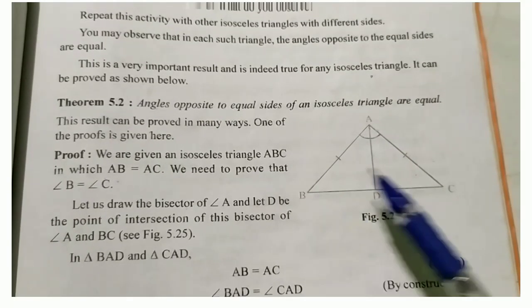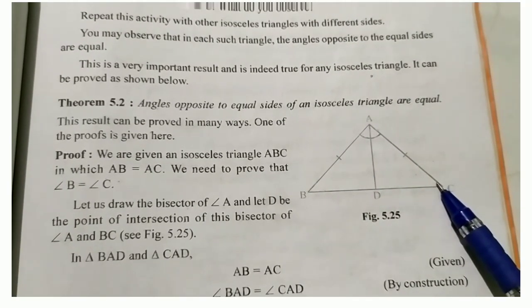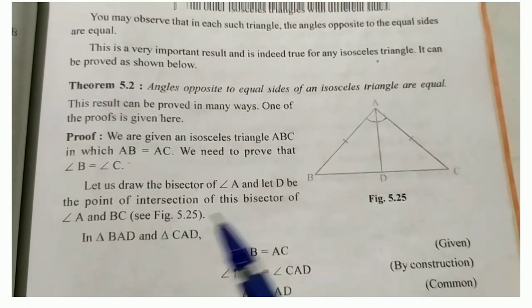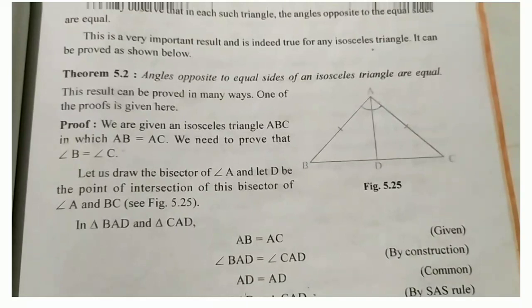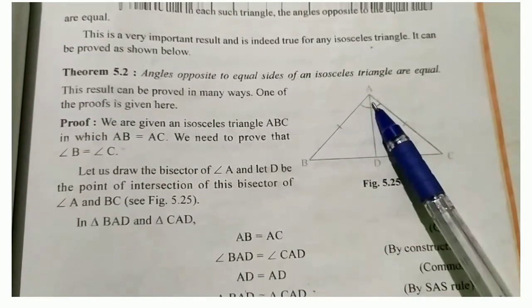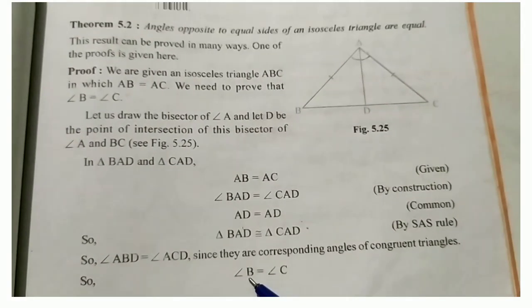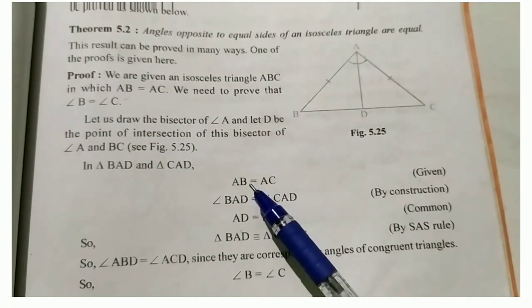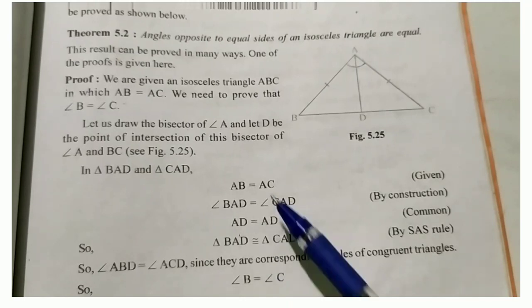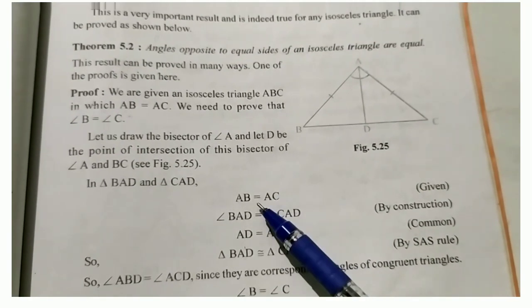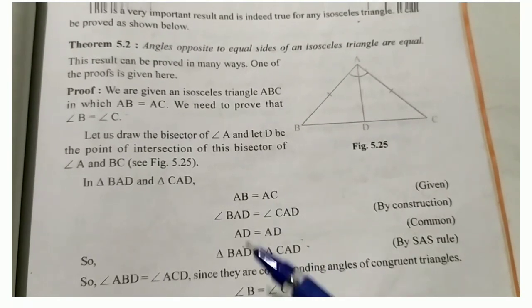Angle B is equal to angle C. No need to write this whole thing, you just write the statement directly. If AB equal to AC, then automatically angle B equal to angle C, opposite angles of equal sides.